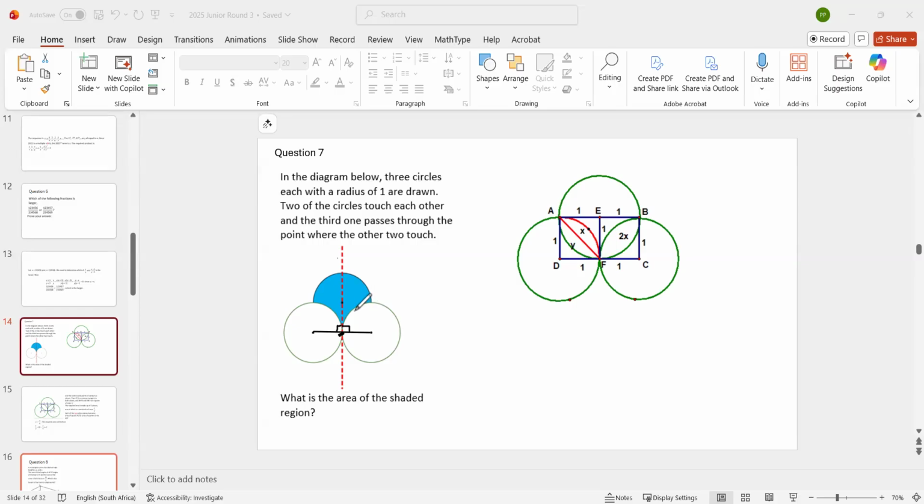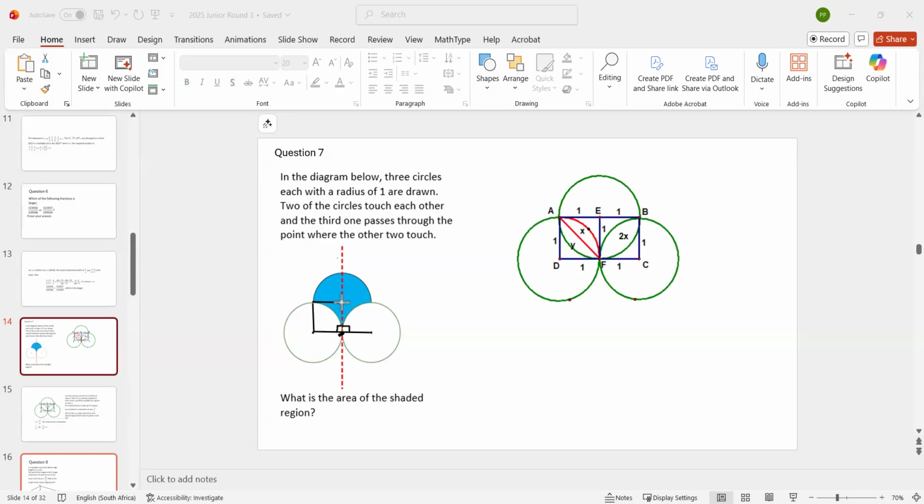Now, there is a center to this circle. The center is shown here somewhere. And so what I've done here is, I'm going to do it here. There's a center here. So let's just join the center to that, like that.